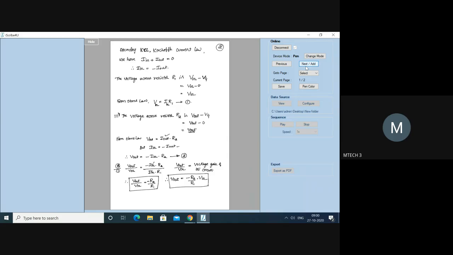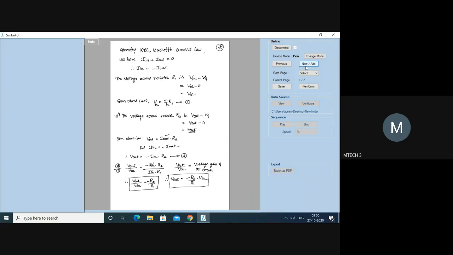Therefore, the voltage gain is a function of resistors R1 and R2, and it is always negative. What is the significance of the negative sign here?